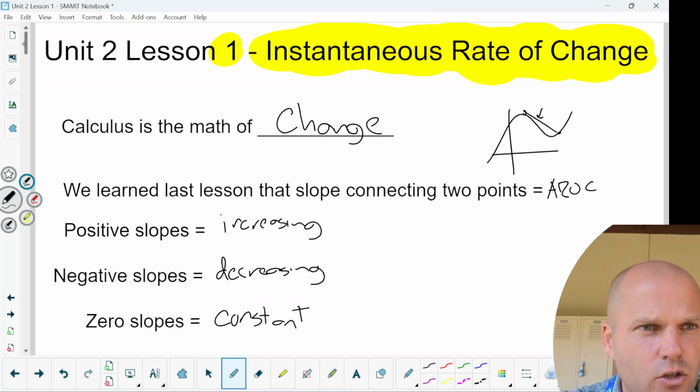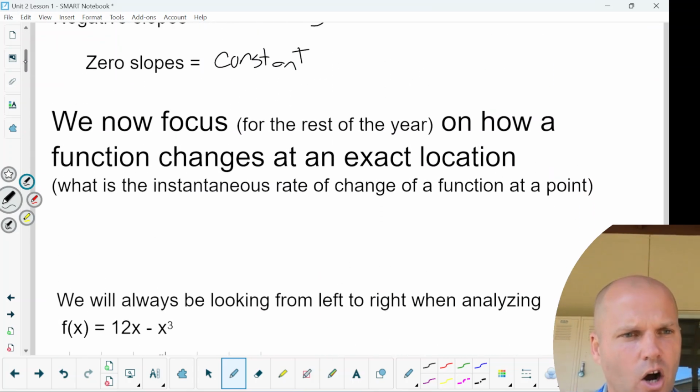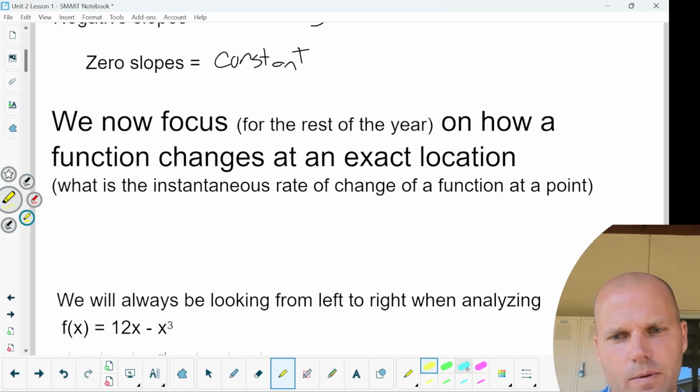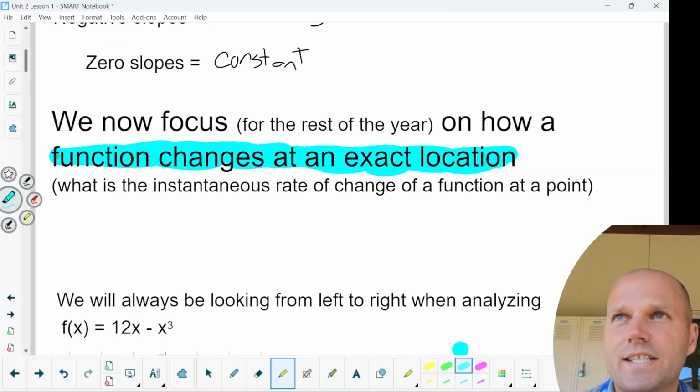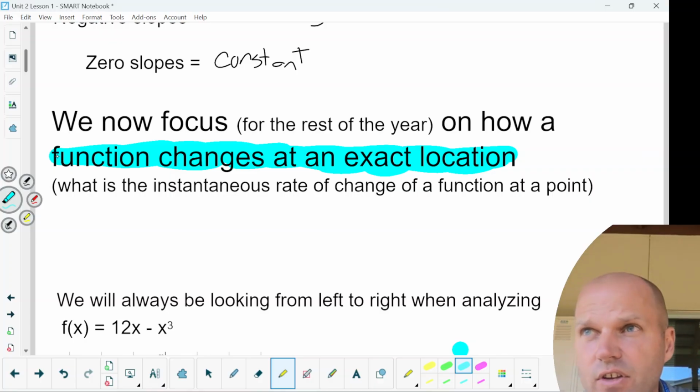What we need to change our focus to what calculus is really about, which is how a function is changing at a point. And this is for the rest of the year. We said the average rate at which a function is changing is like increasing 5 y's per x over the interval 1 to 7.